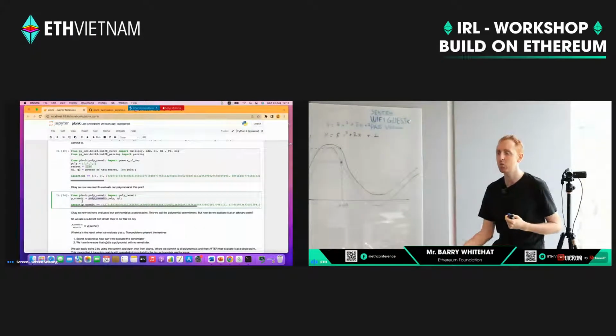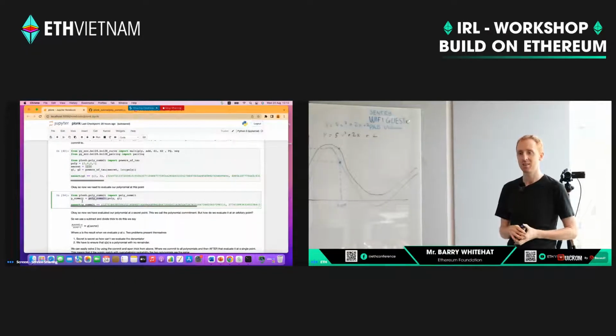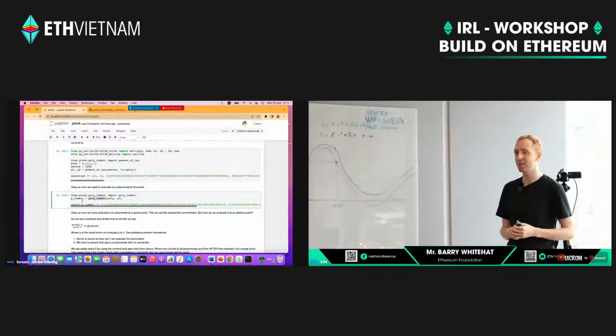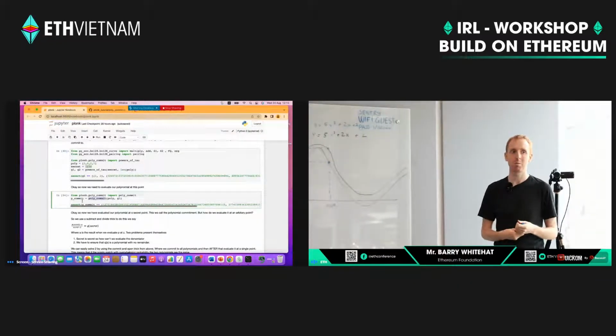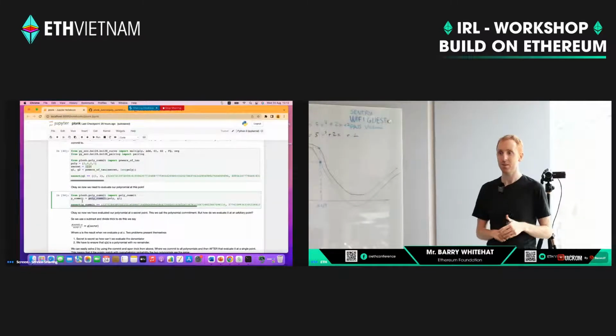So those are two intuitions for why polynomial commitments are hard to break. We're basically saying that polynomial commitments are very delicate. Polynomials are very delicate. If you change them slightly, it just has huge implications on the rest of the polynomial.